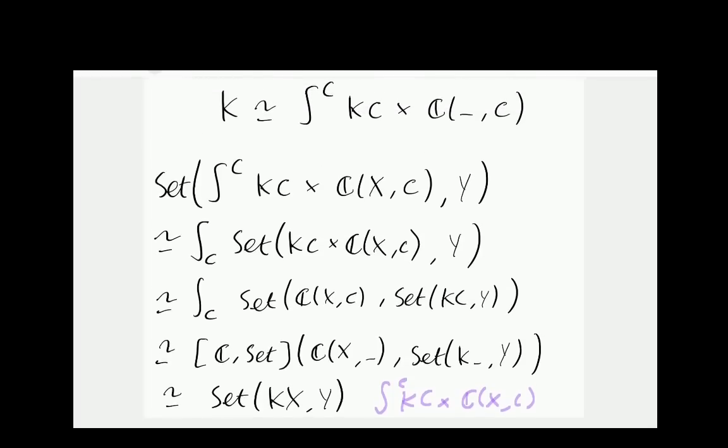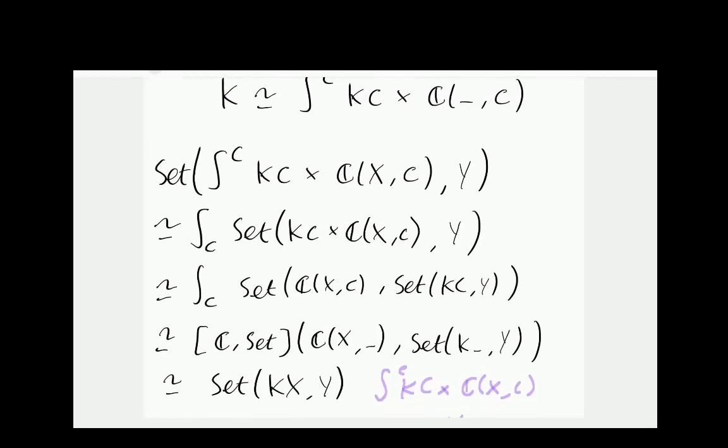And this is the same kind of idea that we've seen already a few times. It's this idea that when this kind of thing is naturally isomorphic to this, natural in y, that sort of implies that this is isomorphic to this. We've seen the same kind of thing the other way around, but it works this way around too.